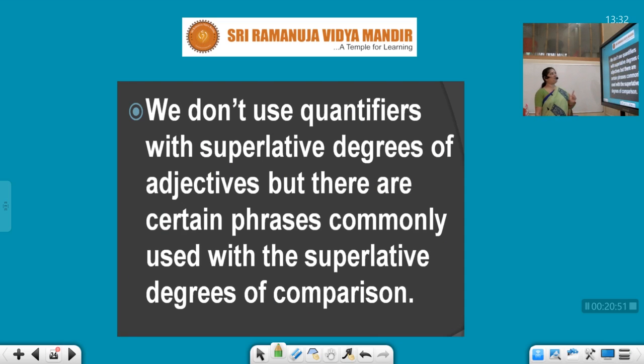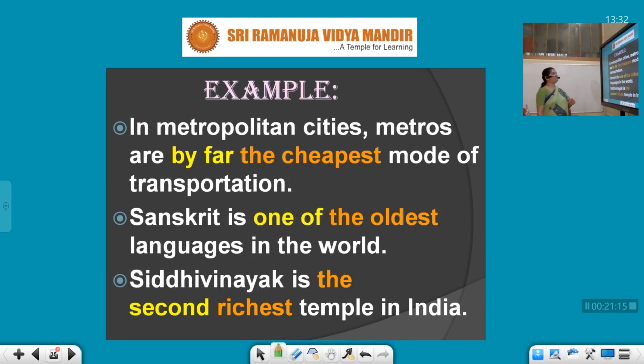Let us see. We don't use quantifiers with superlative degrees of adjectives, but there are certain phrases commonly used with the superlative degrees of comparisons. Very, very rarely we have these superlatives used with quantifiers. So we will see what they are.